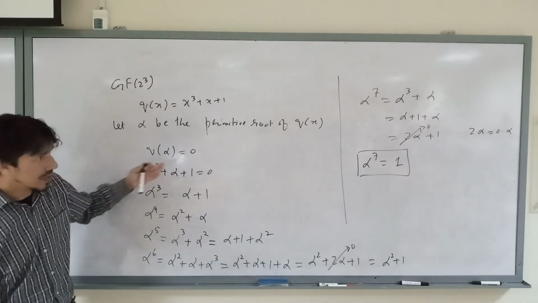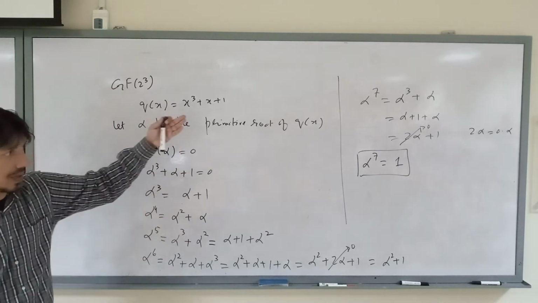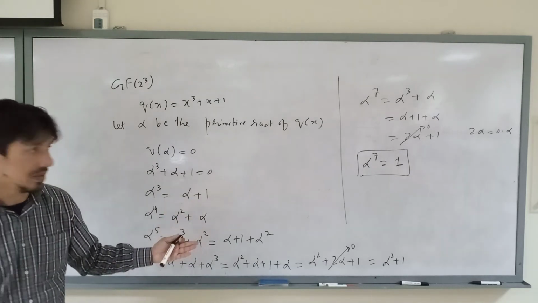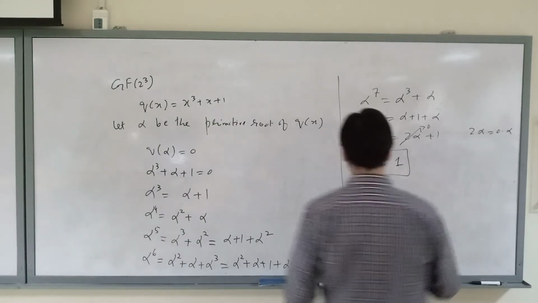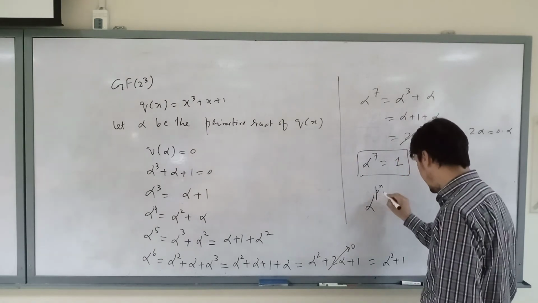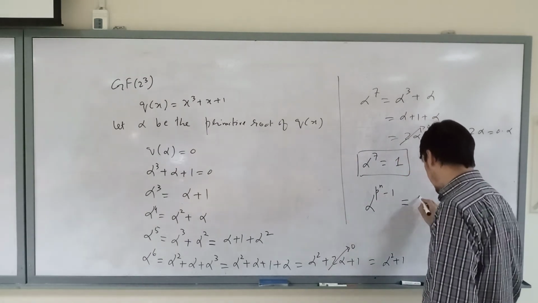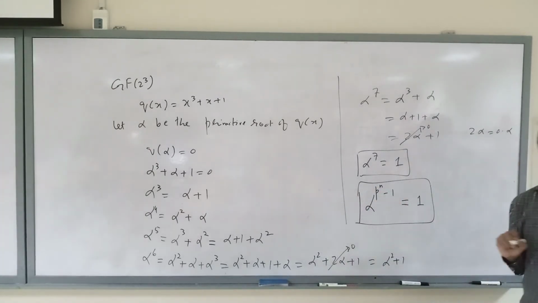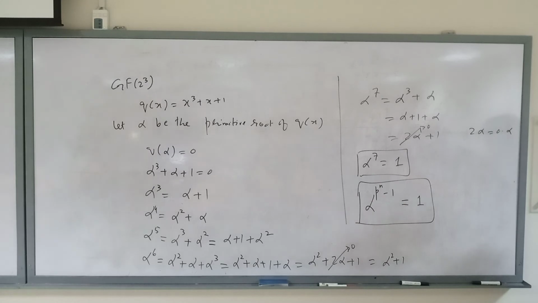So after a certain power, it starts repeating. So alpha power 2 power n minus 1 is always equivalent to 1. This is a general identity.